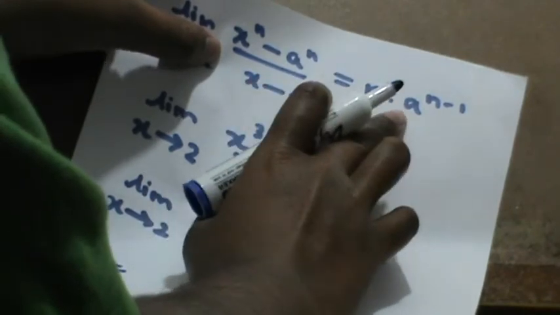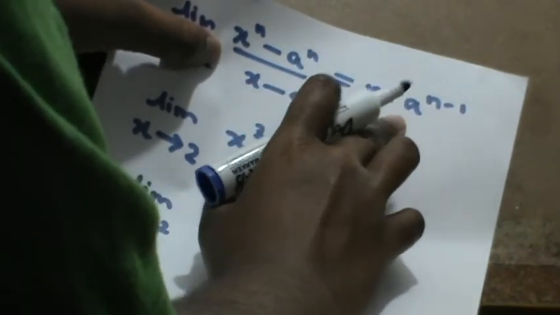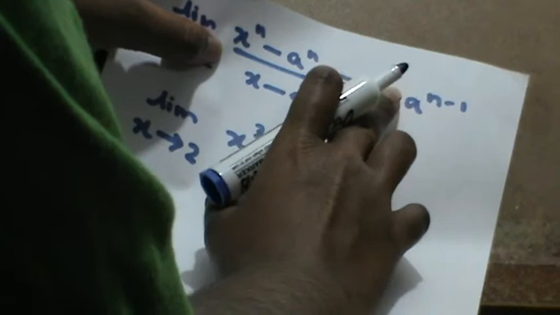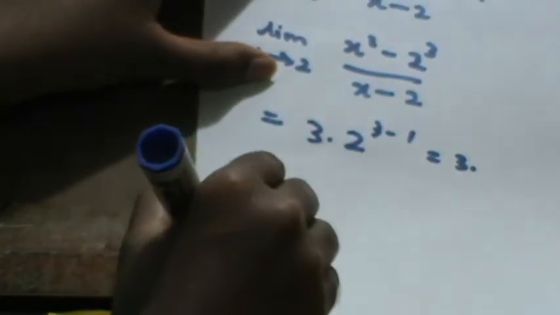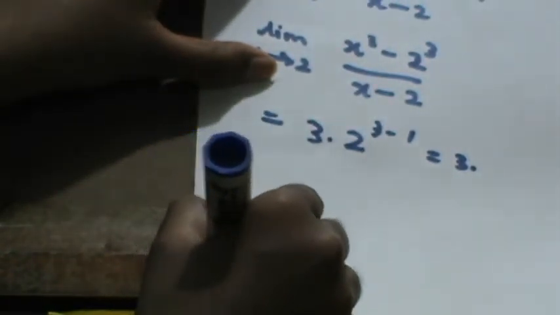So n is 3 and a is 2. We substitute the values of n and a here: n times a to the power n minus 1 is equal to 3 times 2 to the power 3 minus 1. That is 3 times 2 to the power 2, which is 4. So 3 times 4 is equal to 12.